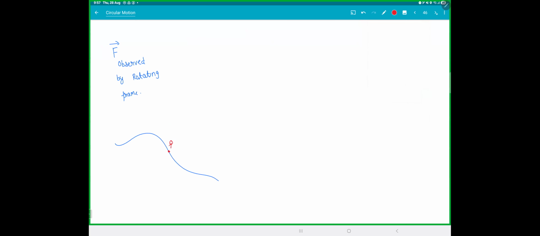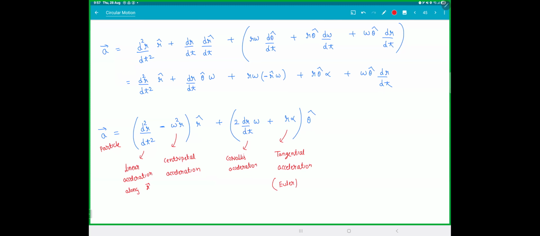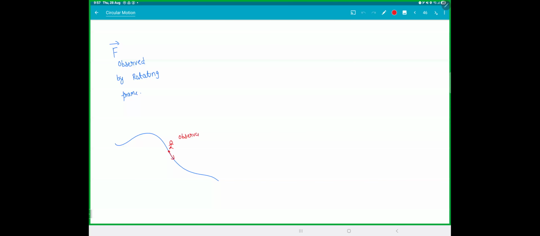Let's say this is your observer. Your observer is going in some curve. So this guy will have all these weird accelerations, all these 4. And somewhere here is an object, and on the object there are already some forces. You're asking this person, what forces do you see on the object as seen by the observer?